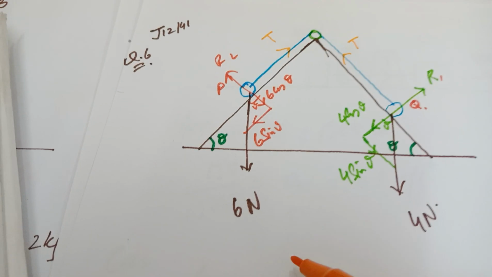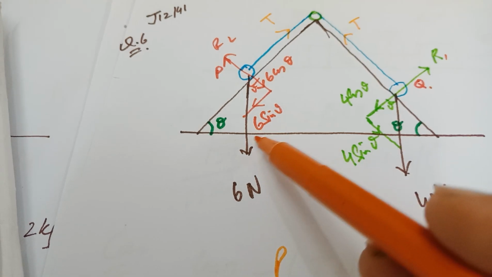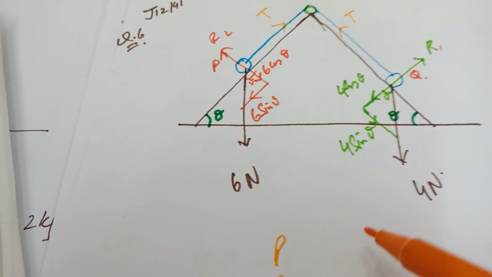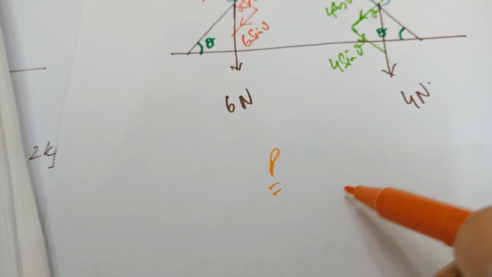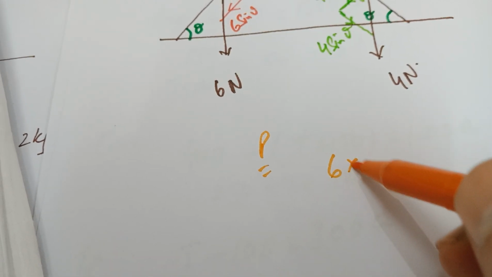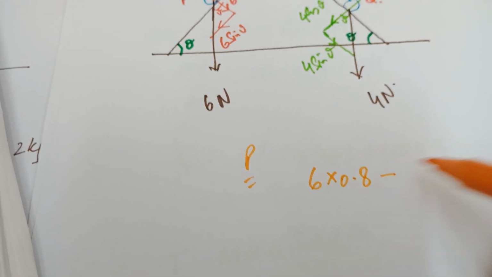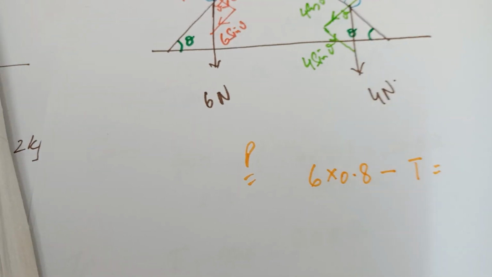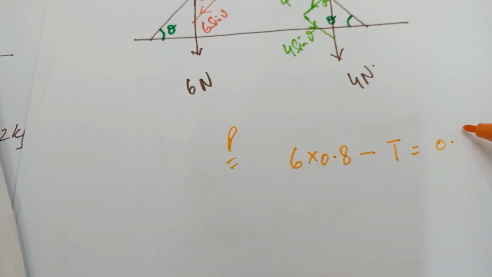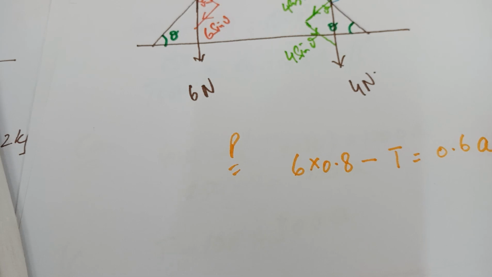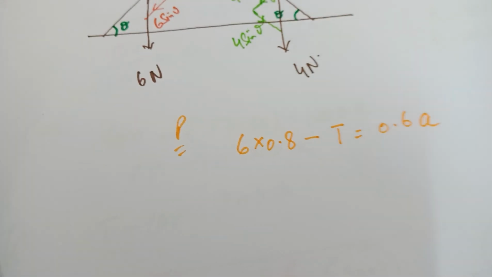So if you look at this P, its component of weight is 6 sine theta. So I'll be writing it as 6 into 0.8, which is the sine theta, minus T, that is equal to 0.6a. That is from the particle P.